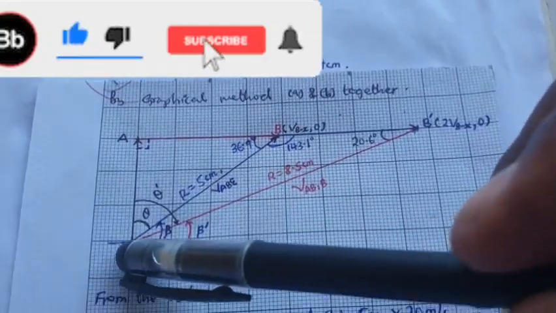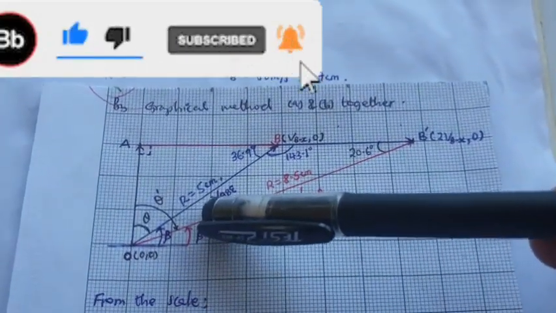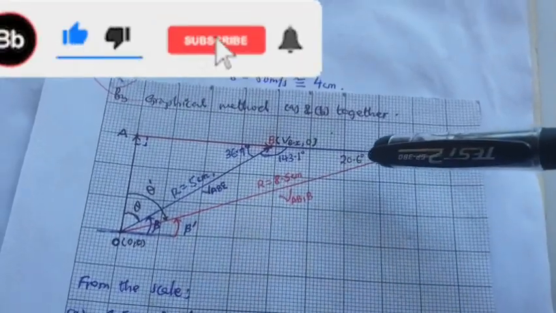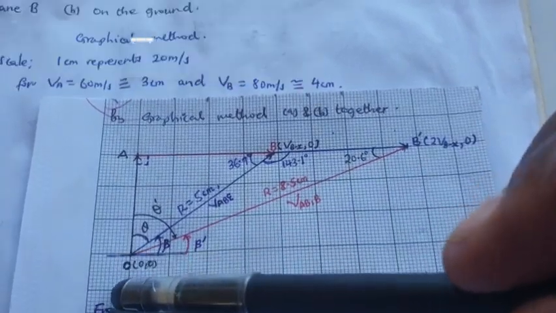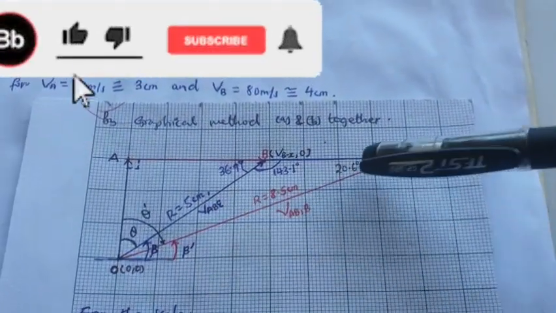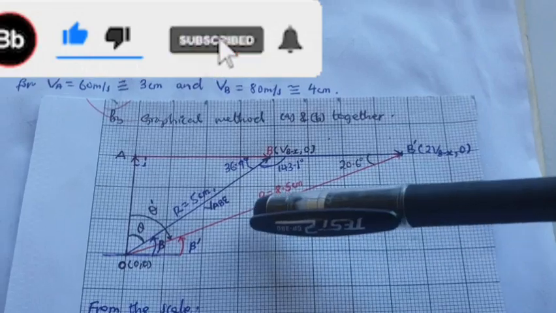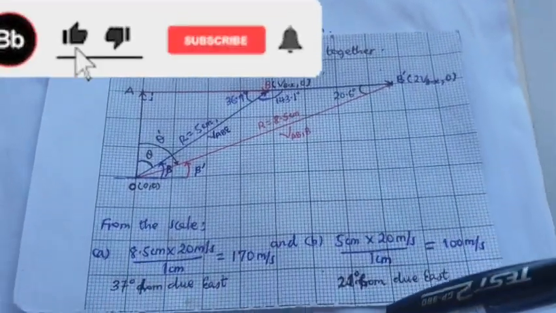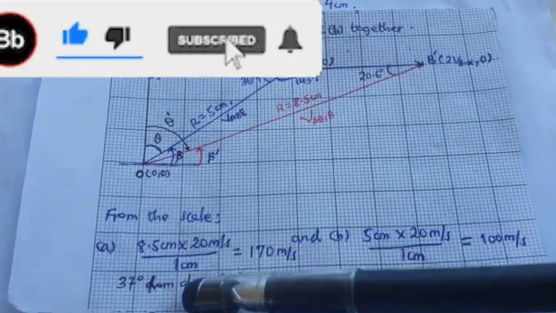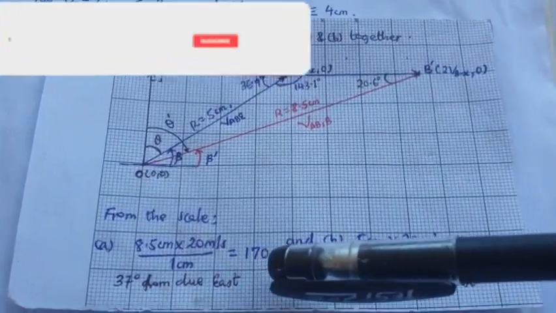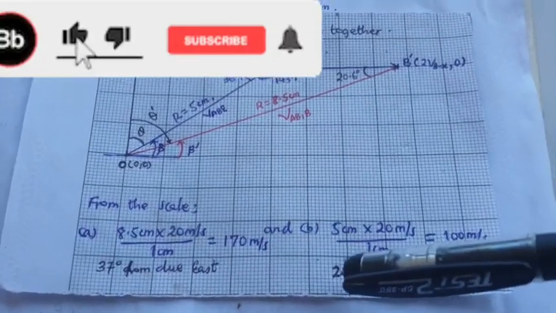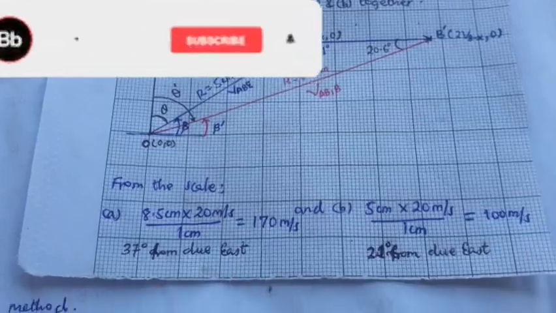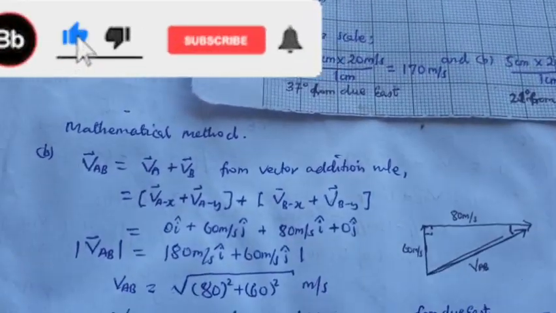Then the resultant velocity of A relative to B with respect to observer B will be equal to a line drawn from O to B dash, and the resultant is equal to 8.5 centimeters. Now when we take this into the scale here, we get 170 meters per second at 21 degrees from due east. Okay, let us consider the mathematical method below.